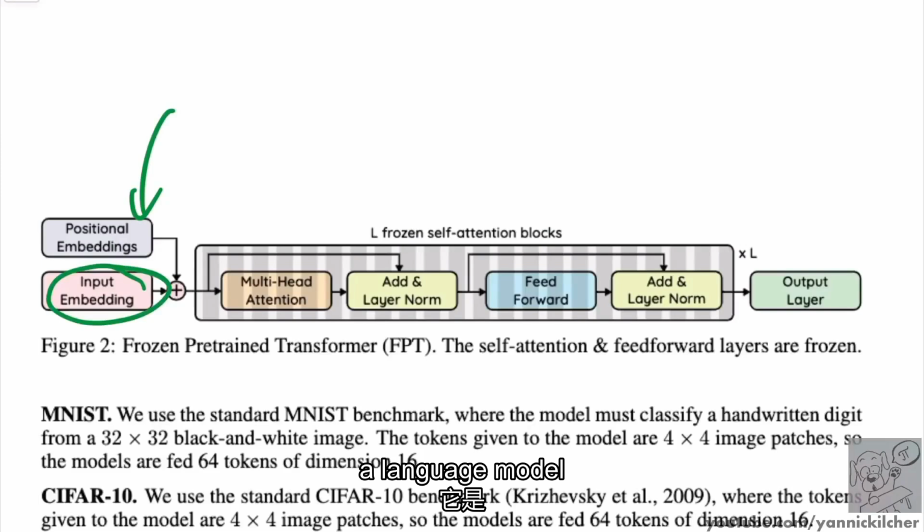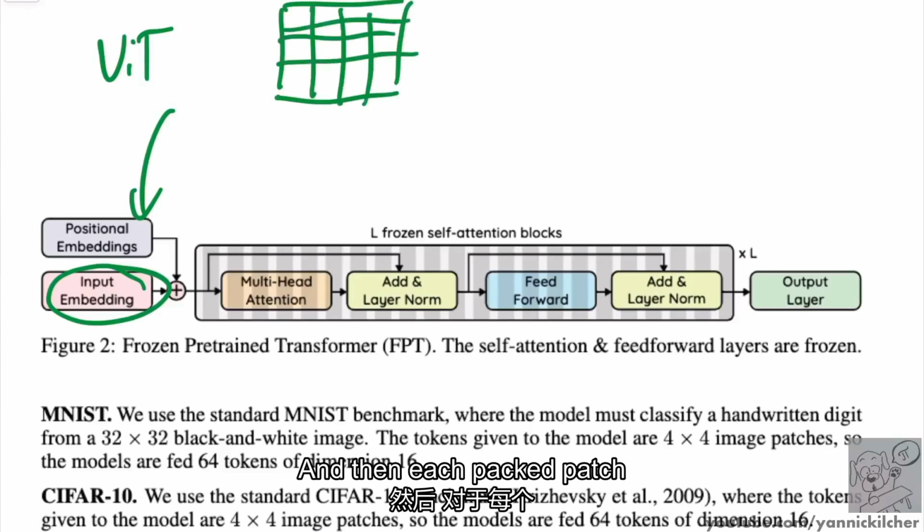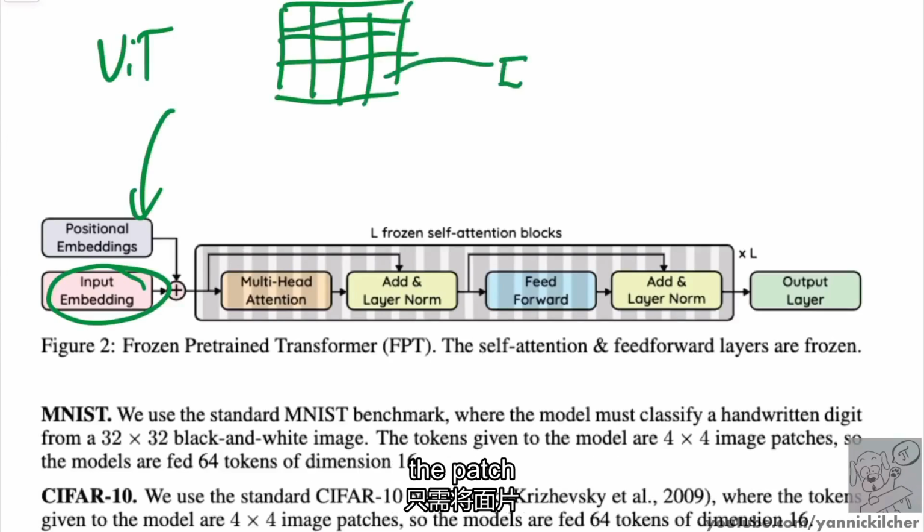Now, if it is a language model, that is simply one vector for every word or word piece. If it is an image model, like in the Vision Transformer, the ViT, you simply take the image and make it into patches, and then each patch you simply unroll into one long vector.